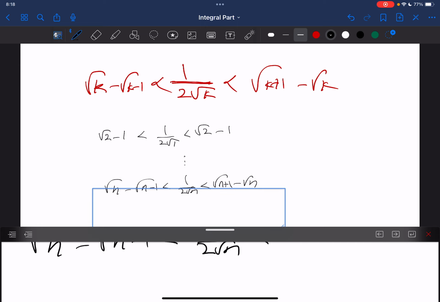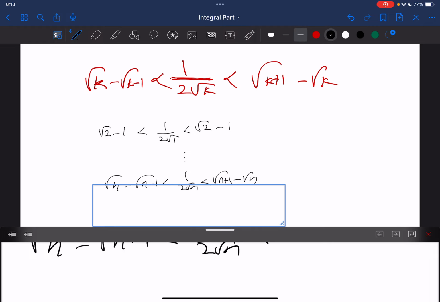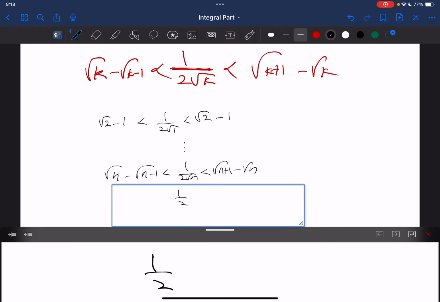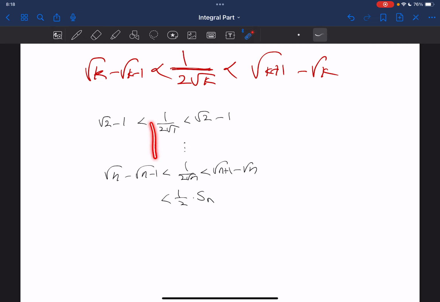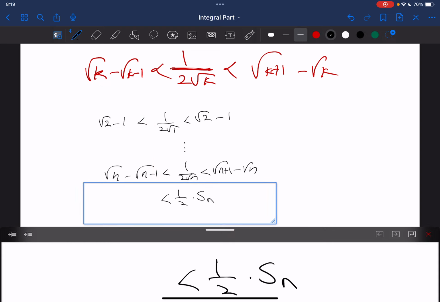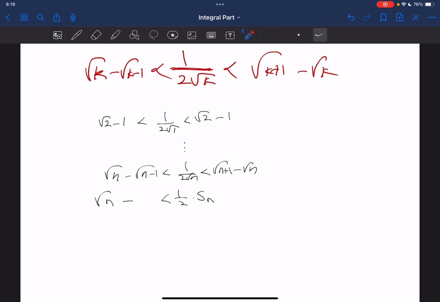And if I sum the middle column here, I would get 1 over 2 times Sn. And if I sum the left column, this part, I would get root n minus... Okay, I made a mistake here.